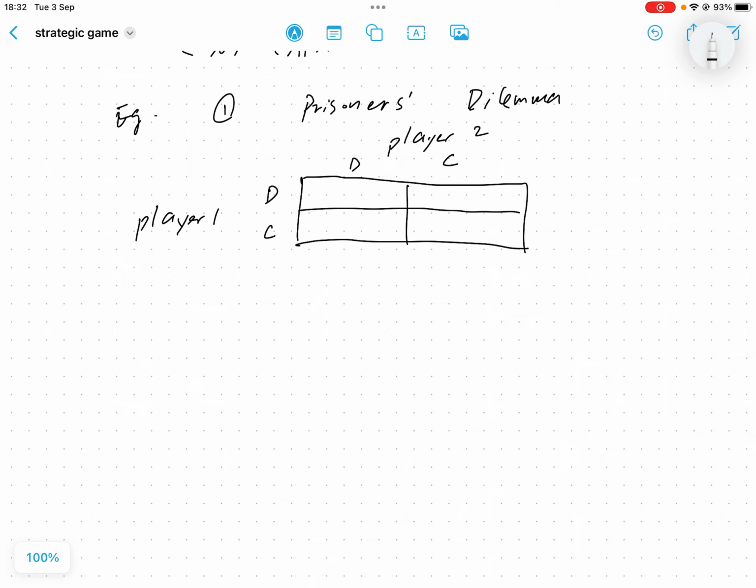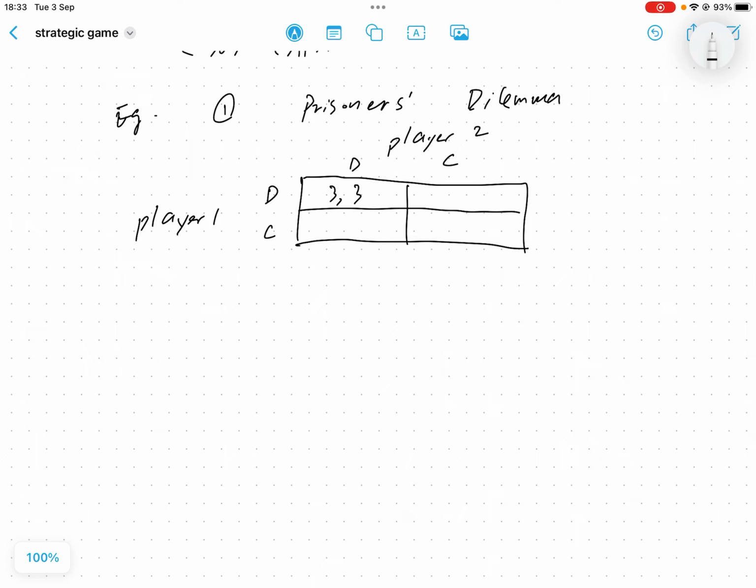So if both players defend, then each of them gets 3 as the utility: 3 and 3. If player 1 chooses D and player 2 chooses C, then the person who is defending actually doesn't work. Defending is not working.